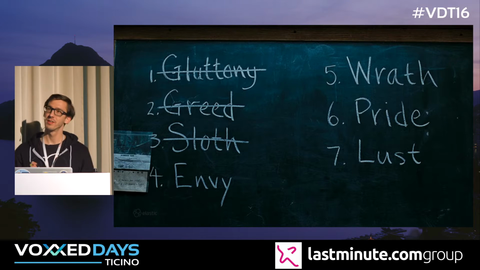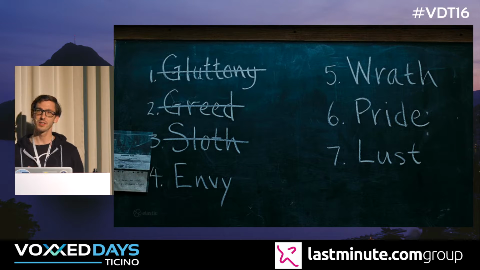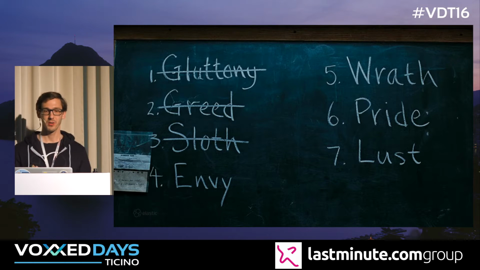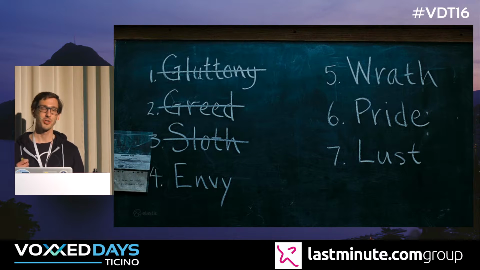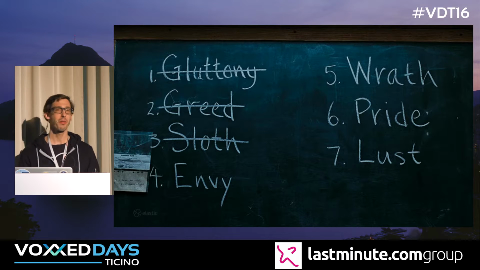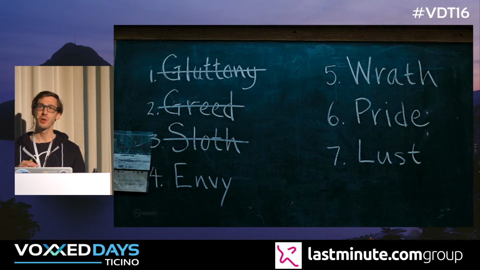Gluttony is kind of the size of stuff. Don't overdo it with size, but don't overdo the small packaging stuff as well. Greed was about versions and JBoss and big bad stuff. The Sloth: don't be too lazy, do continuous deployment, delivery, or at least integration, whatever solves your problems.